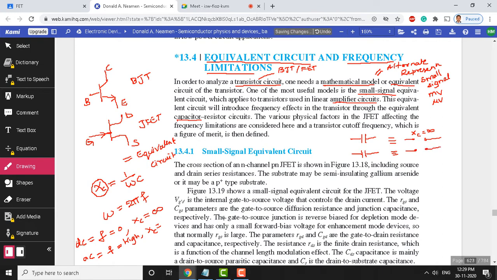For high frequency, Xc becomes almost 0. Capacitive reactance is 0, which means it behaves like a short circuit. This is for DC and this is for AC. Now, what is the conclusion? A capacitor passes AC signals and blocks DC signals.